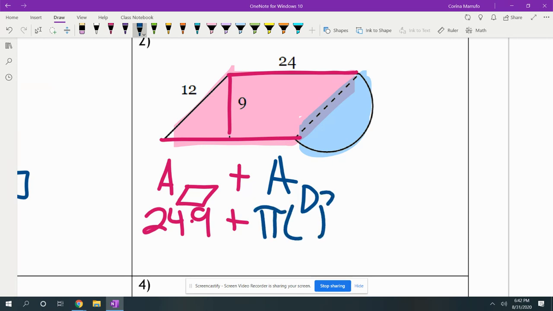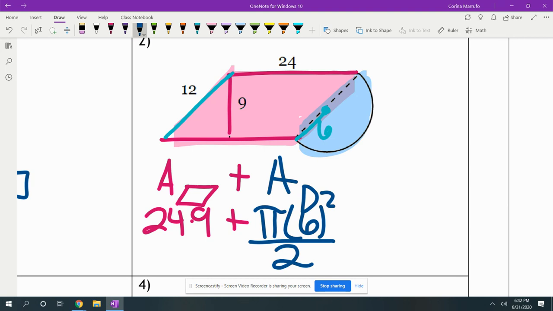We don't know what the radius is just yet, but we do have to divide by 2 because it is half a circle. If from here to here is 12, then that means that the radius of our circle is 6. So we are going to use pi times 6 squared divided by 2.